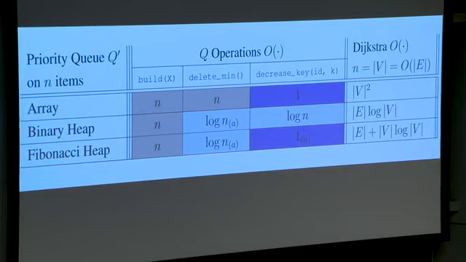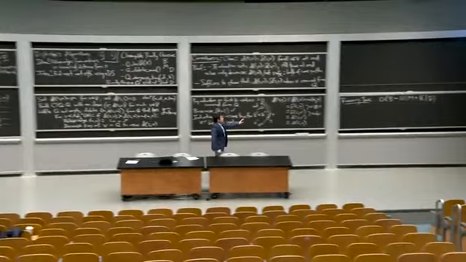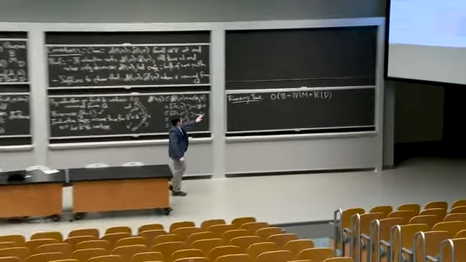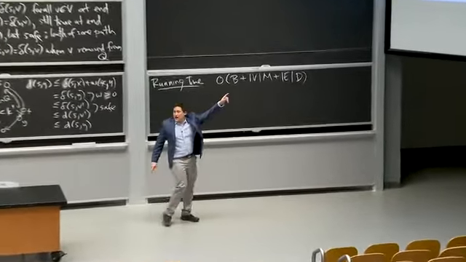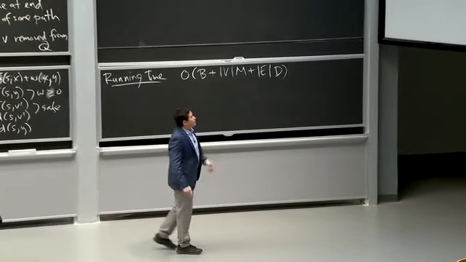But if we take a look at the running time bound here, if we replace n with v, we get a quadratic time algorithm in the number of vertices, which for a dense graph is in linear time. That's actually pretty good. Dense meaning that I have at least a quadratic number of edges.